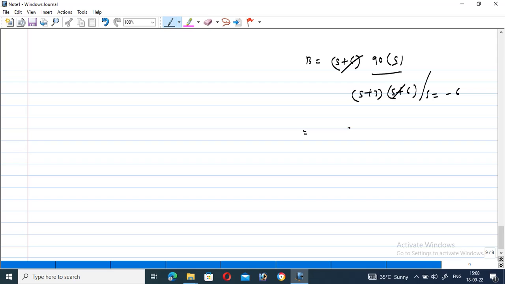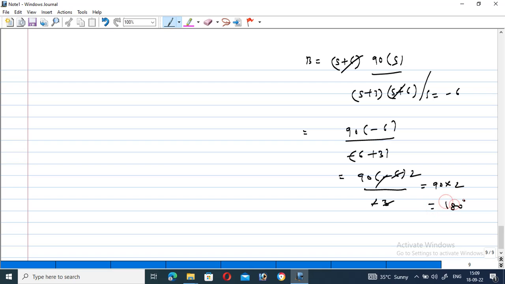S is equal to minus 6, right? 90 into minus 6 by minus 6 plus 3. This value is equal to 90 into minus 6 by minus 3. We are getting minus 3 actually. This minus gets cancelled. 3 ones are 3, 3 twos are 6. Therefore 90 into 2, we will get 180. So we are getting the a value and b value.